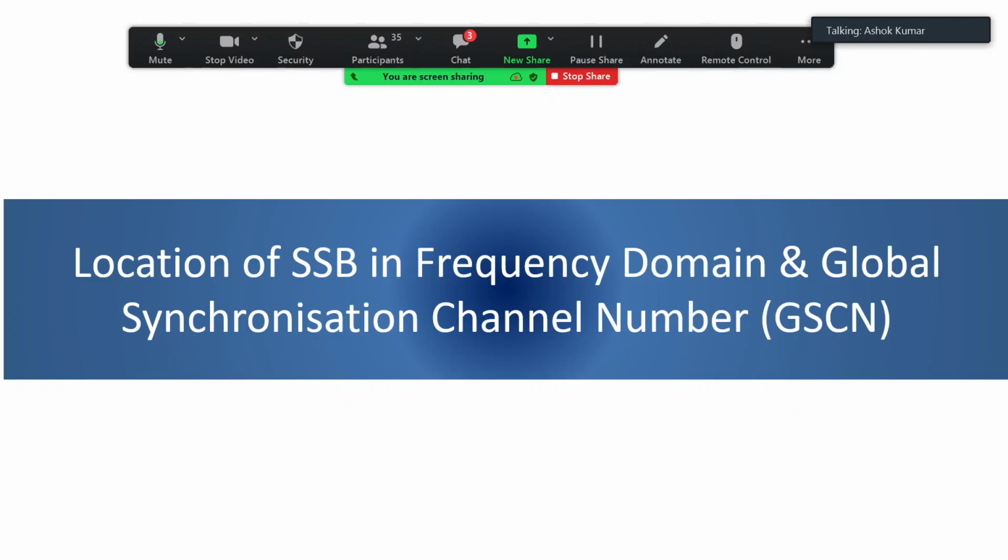Are any of you aware how this search mechanism works in 4G, 3G, 2G? MIB is not available when you switch on your mobile for the first time. No information is available, right?